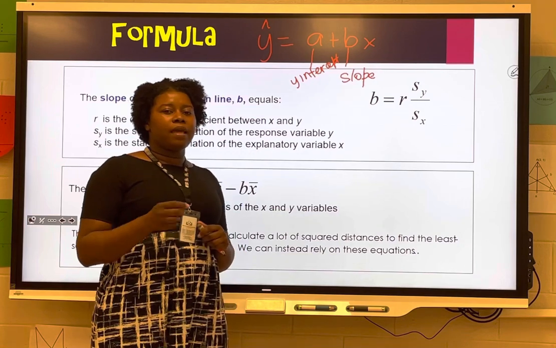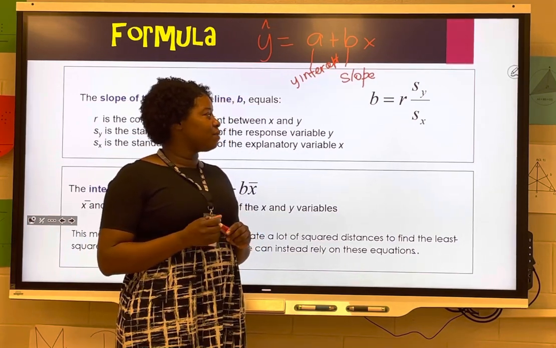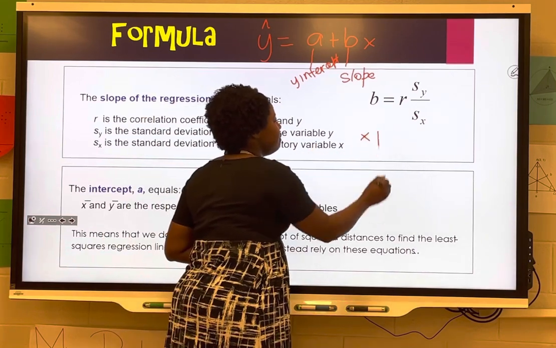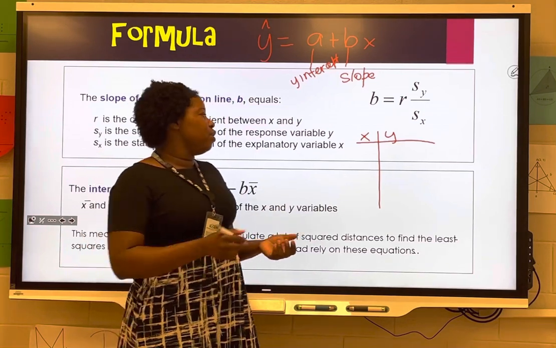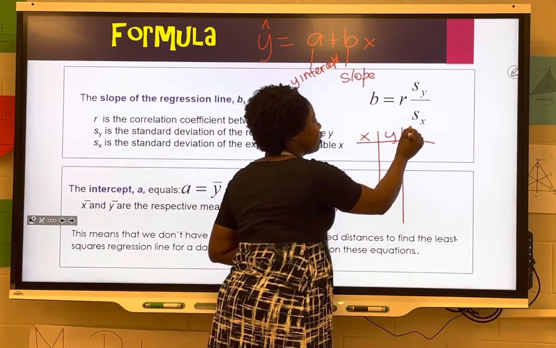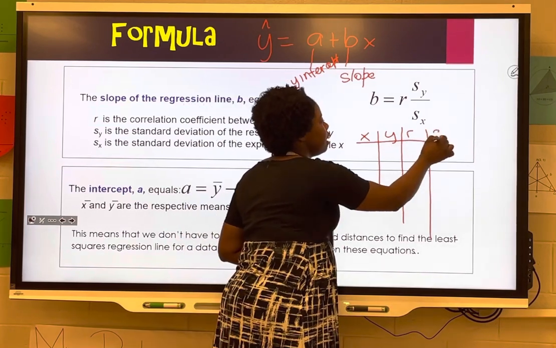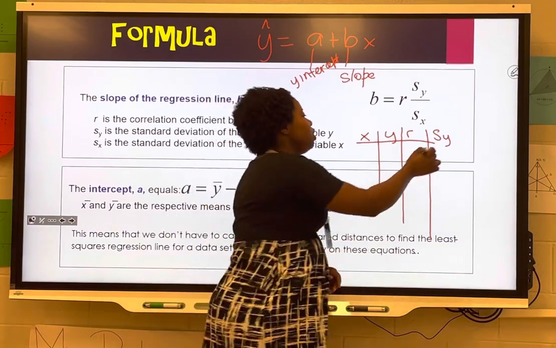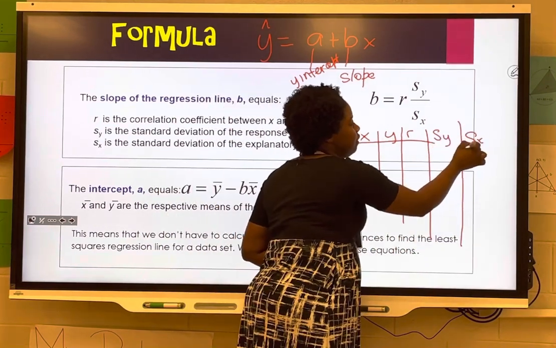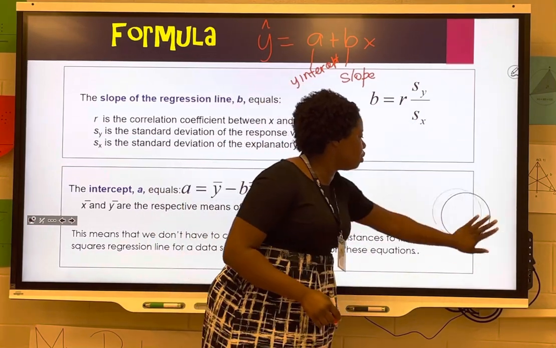If you're doing AP statistics, you will be given the values of x, the values of y. Then you're going to calculate your correlation coefficient, which is your R value. Then you will calculate the standard deviation of your y values. You also calculate the standard deviation of your x values. But for CP classes, we don't go that far.